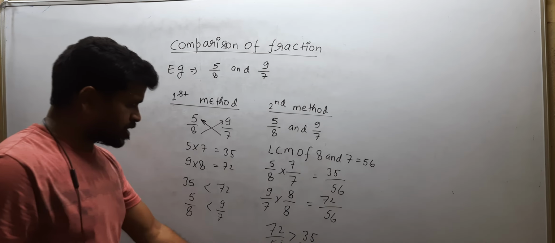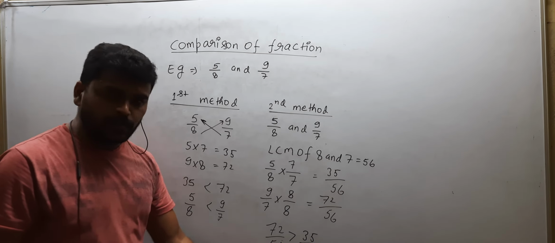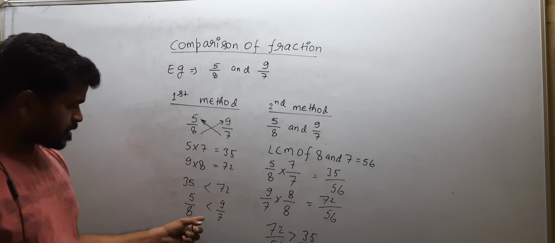So here it is clearly shown that 9 upon 7 is greater than 5 upon 8.